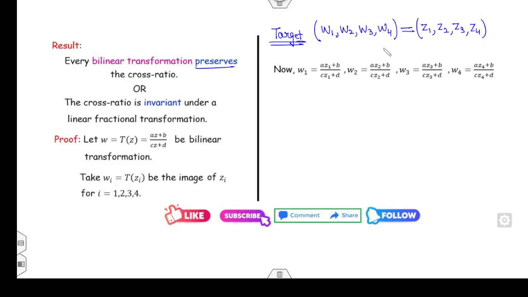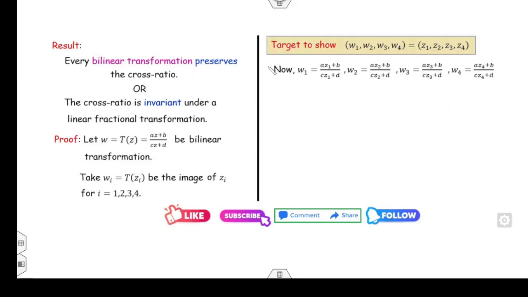Fine. Or in other words, the mapping T of Z1, T of Z2, T of Z3 and T of Z4 is the same as the cross ratio where the first number is Z1, second is Z2, third is Z3, fourth is Z4. This is your target. Make sure students, the order matters. If you write Z1 first, then you have to write Z1 first here. If you write Z3 as the third number, then it's the third here too.